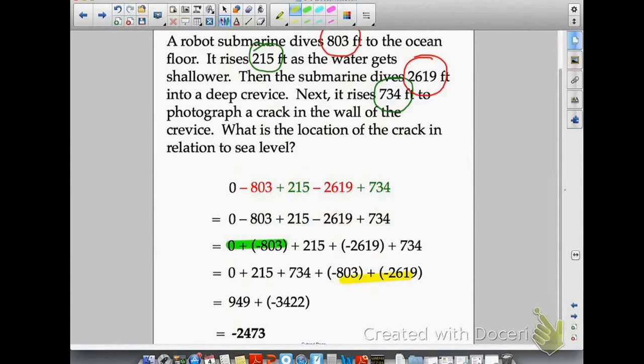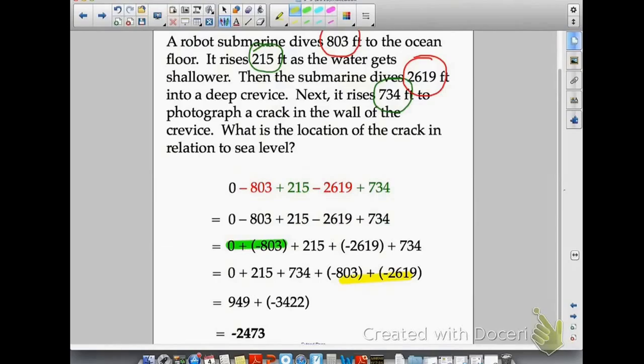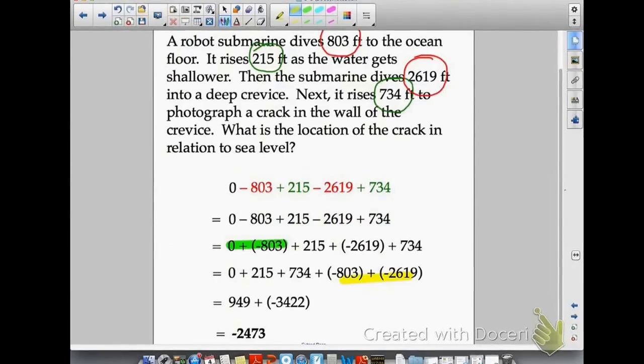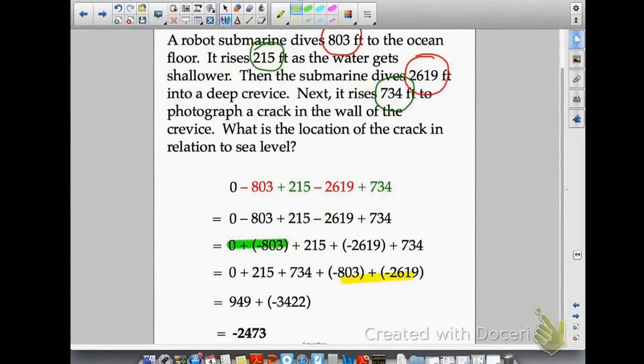Right? And the net change would be negative 2,473. So that's where the crack is in relation to sea level. So in relation to the context, it's 2,473 feet below sea level. Correct, exactly.